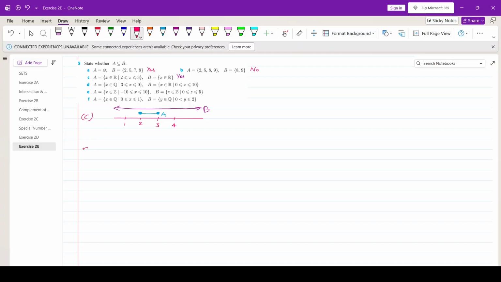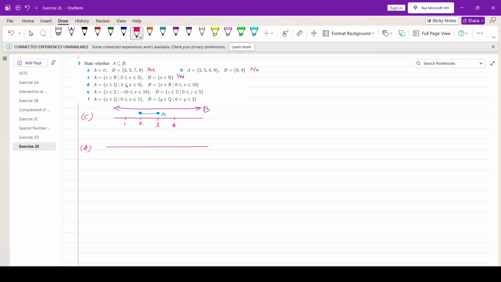Now part D. Now let's plot it on a line. A is a set of all x such that x is a rational number between 3 and 9, including both. So B is a set of all x such that x is a real number between 0 and 10, including both.